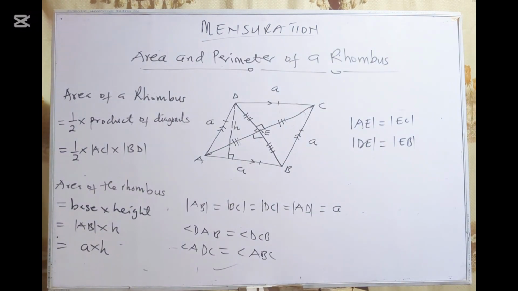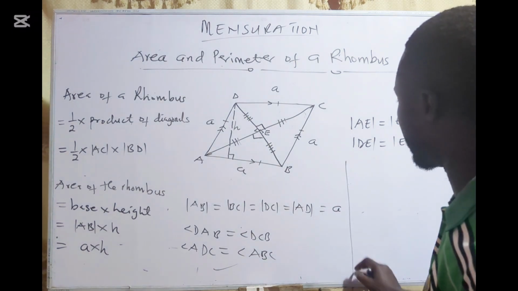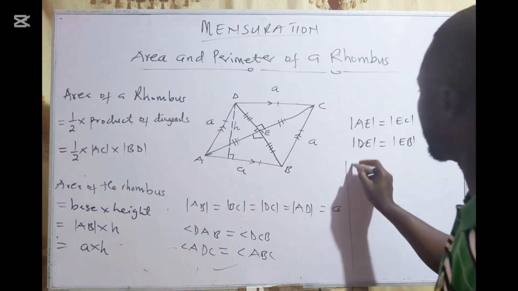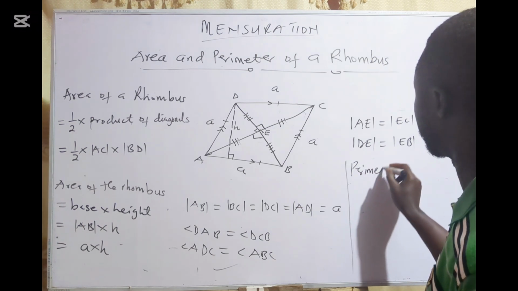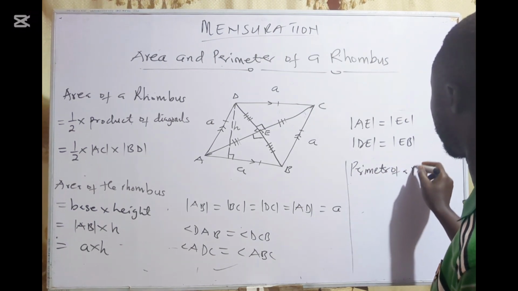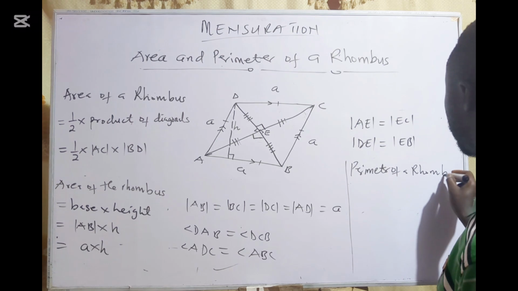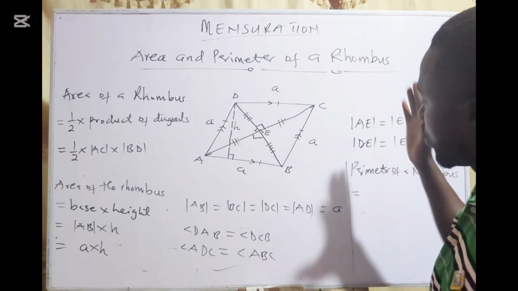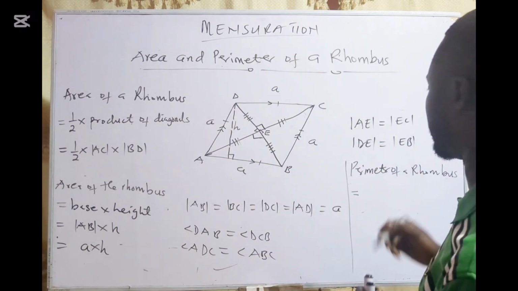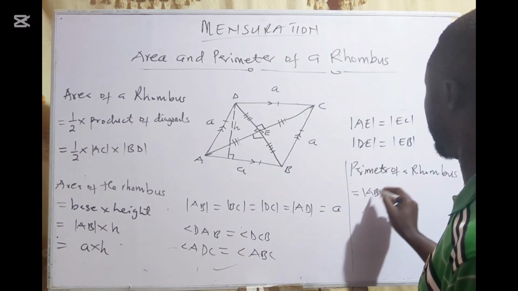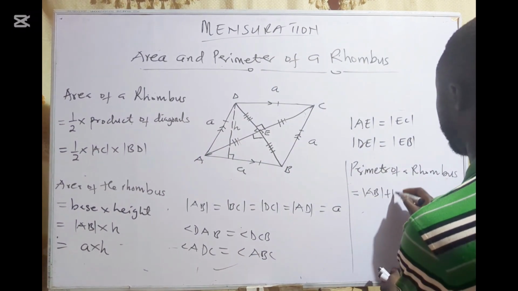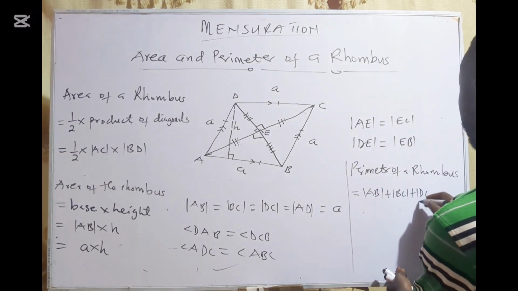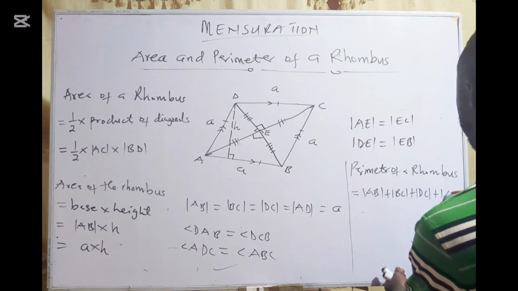Now let's look at the perimeter. The perimeter of a rhombus is the distance around the rhombus. So AB plus BC plus DC plus AD.